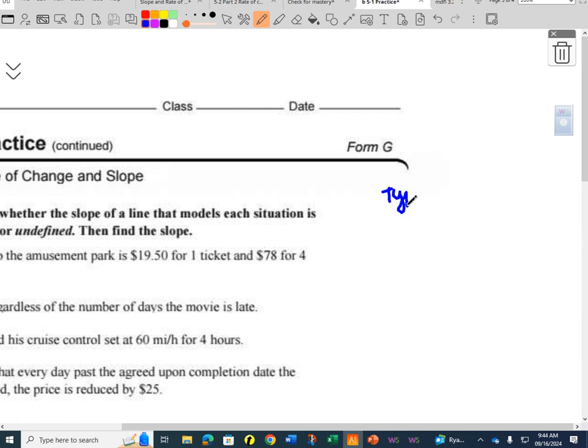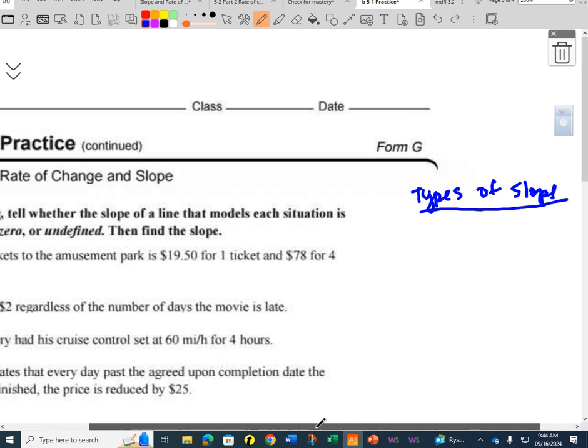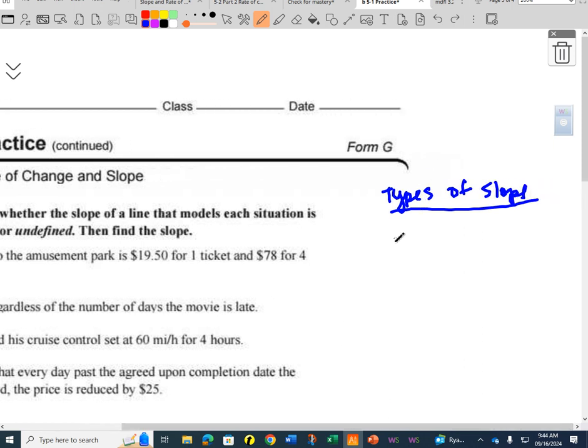So our types of slopes, and you're going to put these in your notes. So a positive slope. If you don't have a graph, you need to know if both x and y go up, or both x and y go down, that's a positive slope.